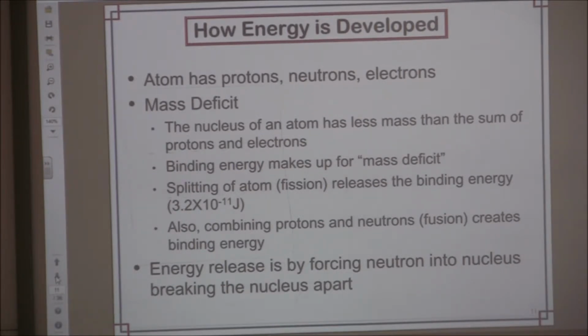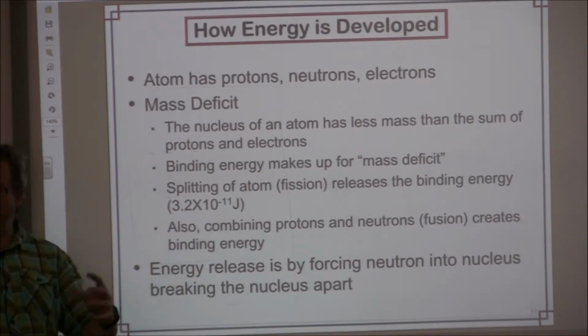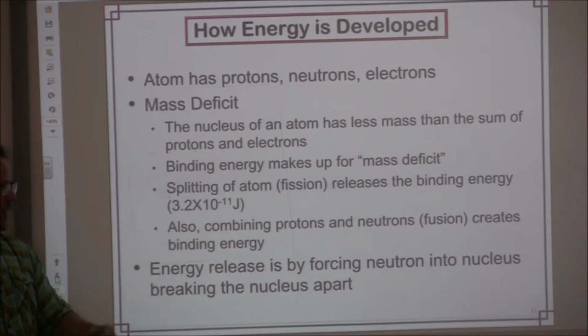You split the atom, which means it's the fission process. They are working on fusing atoms, so the idea is to take things and combine them, and that also creates this binding energy that we could capture. That's what the sun does. The sun is a big fusion element that produces massive amounts of energy because you're fusing gases and atoms together.